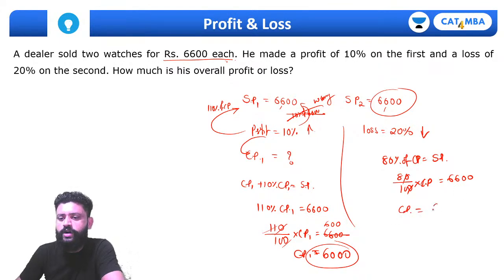Everyone should know the table of 8. 6,600 into 10 upon 8, 825, right?